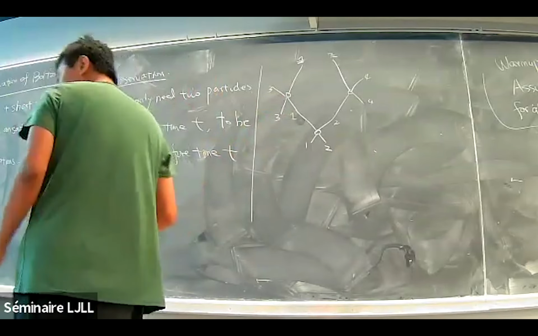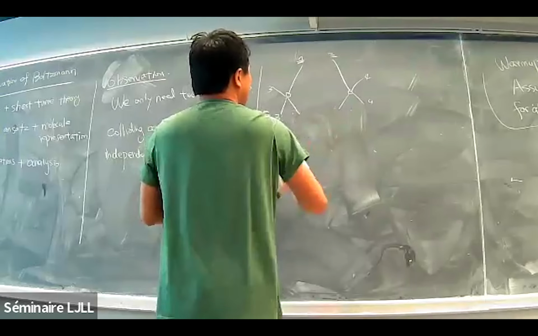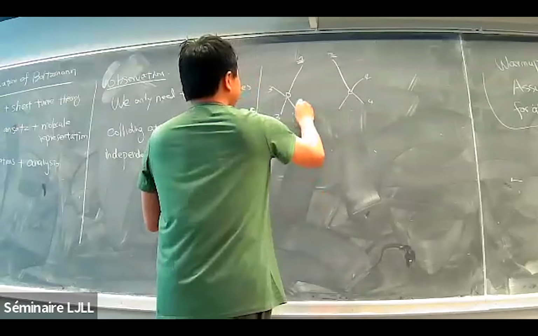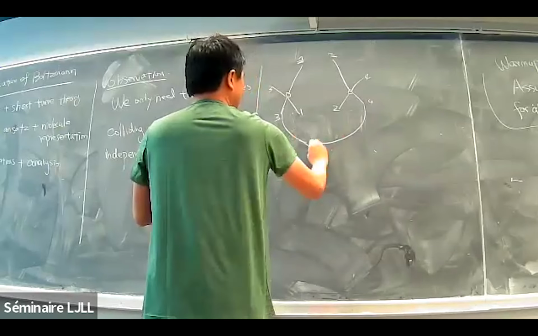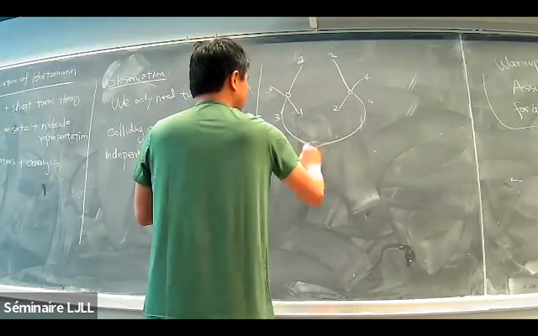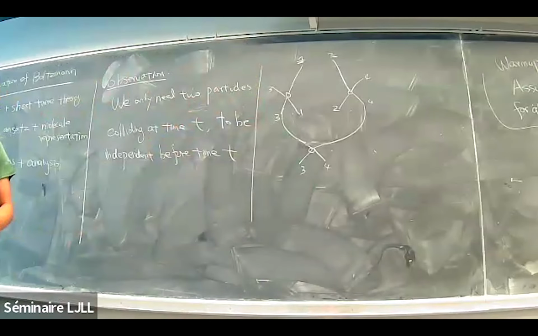And in the same way, even if 3 and 4 collided with each other previously, then this means 1 and 2 will not be independent.